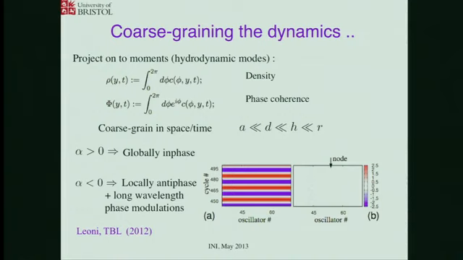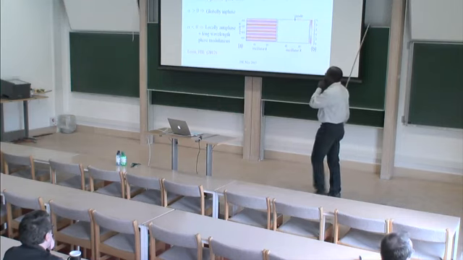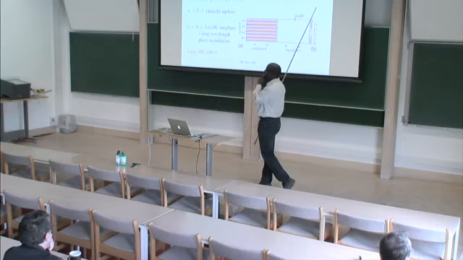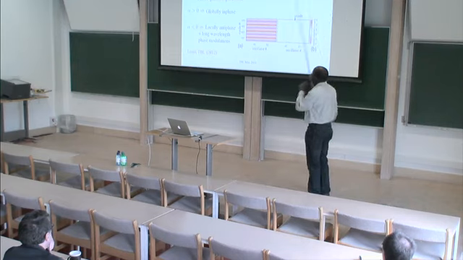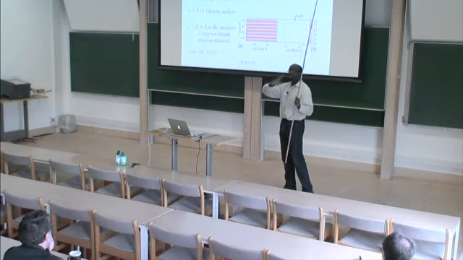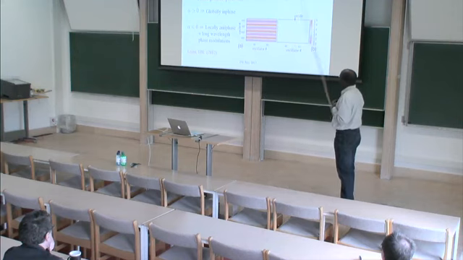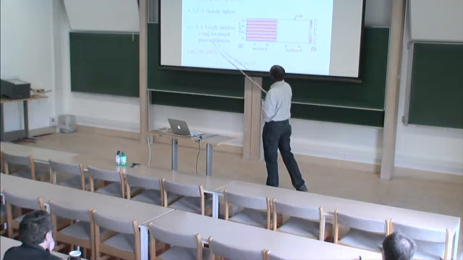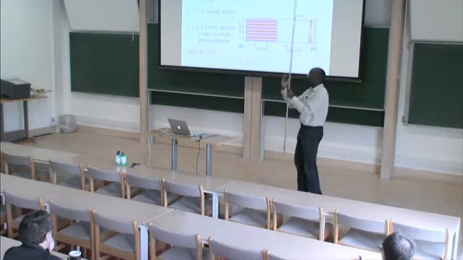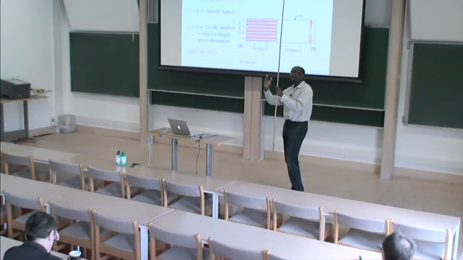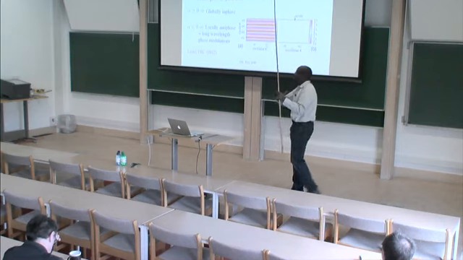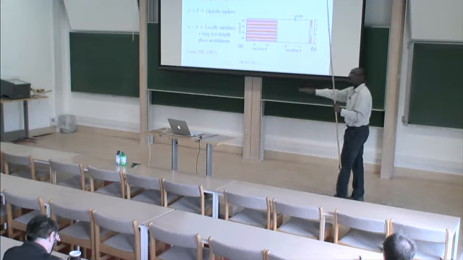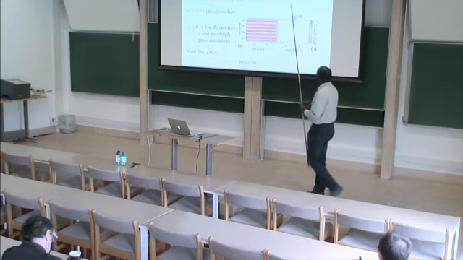If alpha is bigger than 0, then they're globally in phase, meaning all of them are oscillating together as a rigid sheet. If alpha is less than 0, then they're locally antiphase. Locally, each one is out of phase with its neighbor, but you have long wavelength modulations of the phase.